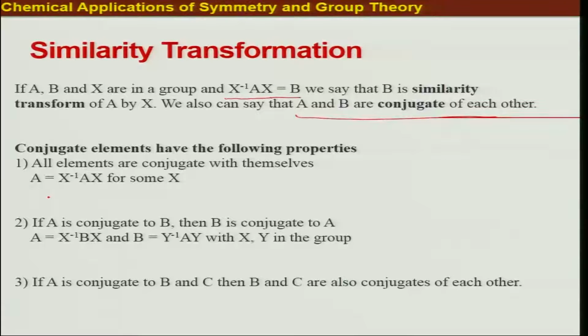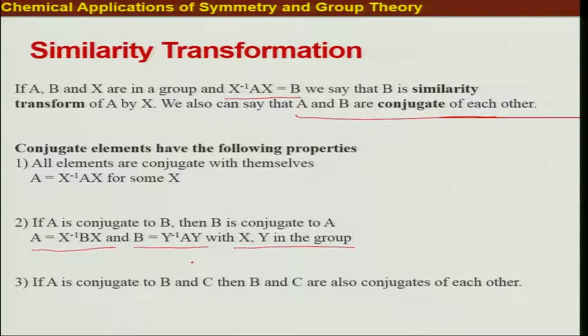Now there is another property of these conjugate elements, that is if A is conjugate to B, then B is conjugate to A. Okay. That can also be very easily proven. So what it says here is that if A equals x inverse B x and B equals y inverse A y in that group, then this is valid.